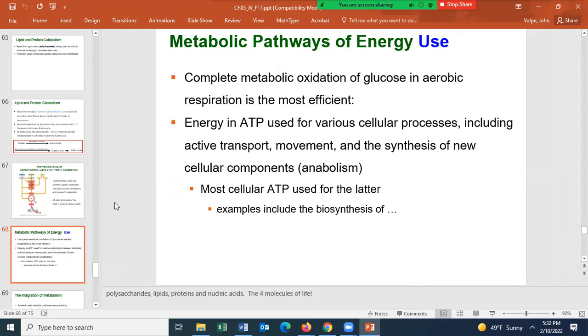All right, the complete metabolic oxidation of glucose in aerobic respiration is the most efficient for generating ATP, but the cells can use other molecules to digest the food molecule and then generate ATP.